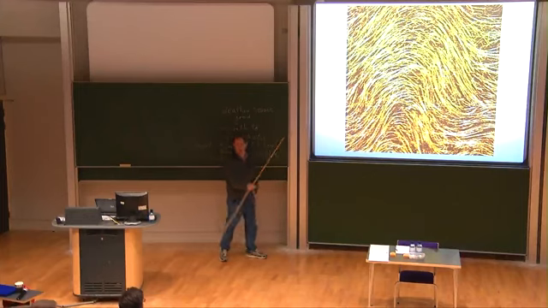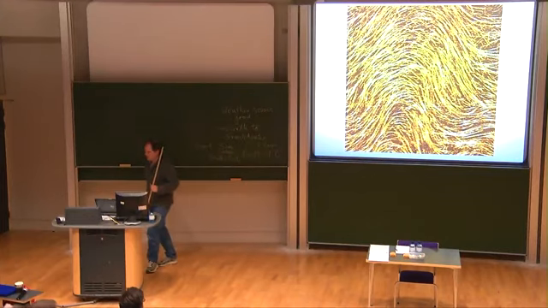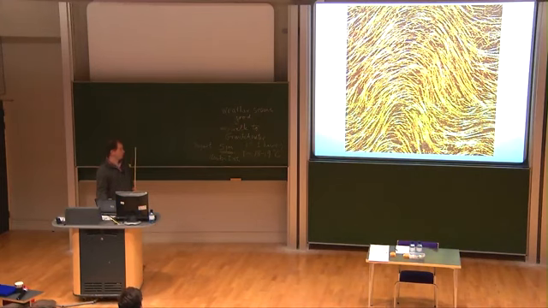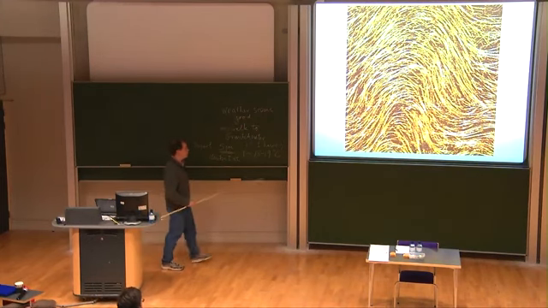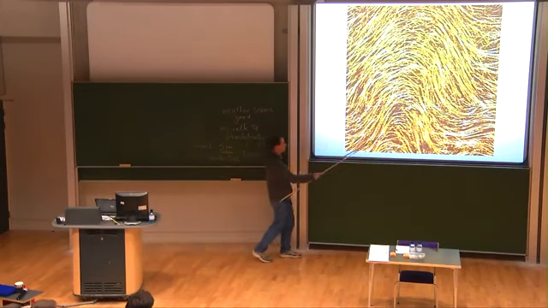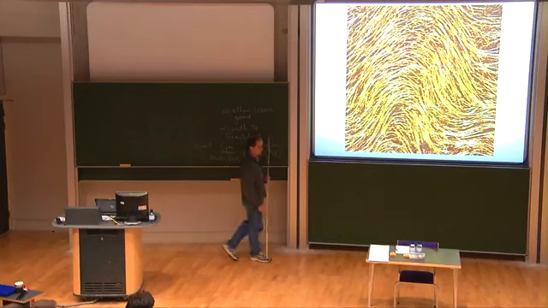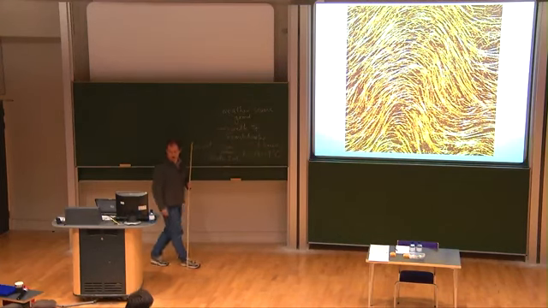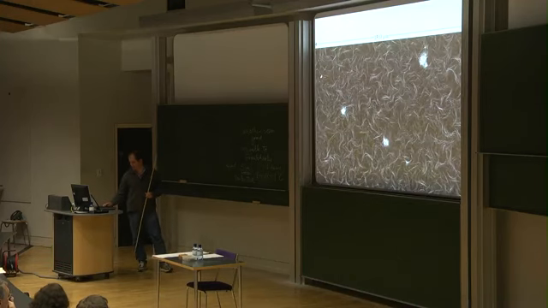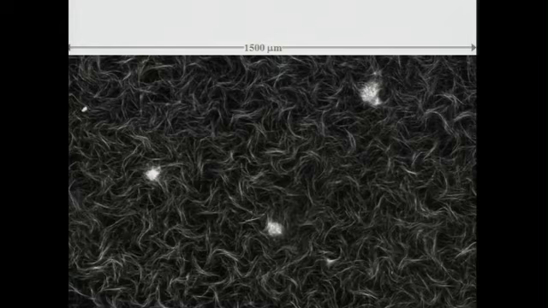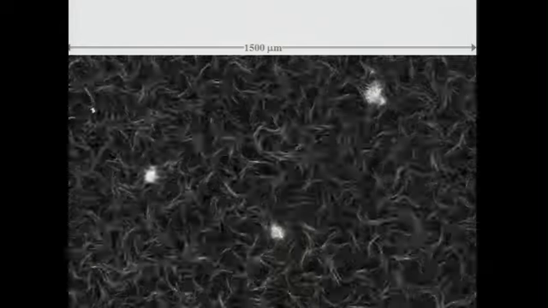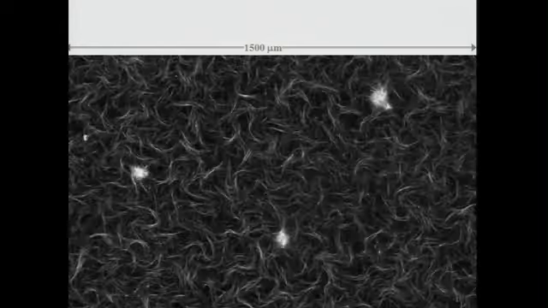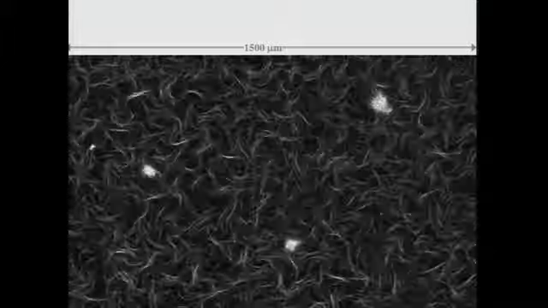That's the instability that I don't have to explain because Julia has done a very nice job of explaining that. But by looking at this initial instability, we hope that we can measure some quantitative parameters of our system. This is a very robust system. This is a millimeter length scale, and this is a large-scale pattern.